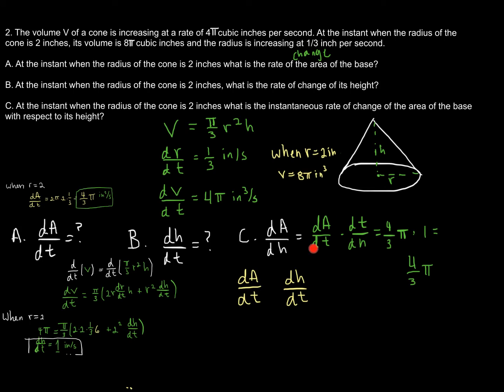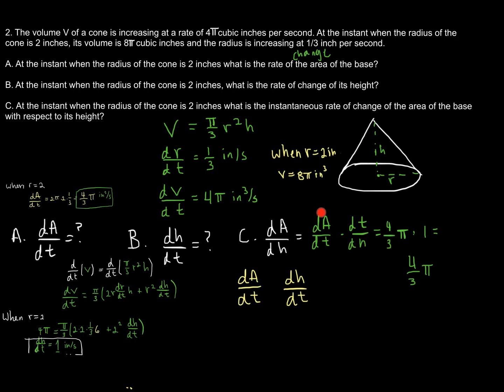All right, so you see here dA/dt times dt/dh. That is going to allow me to cancel out the time component, because notice the units here are inches squared per second, and the units here are now, because I've taken the reciprocal, seconds per inch. So when I multiply those two units of measure together, the time components will cancel, because there'll be one in the denominator, one in the numerator.